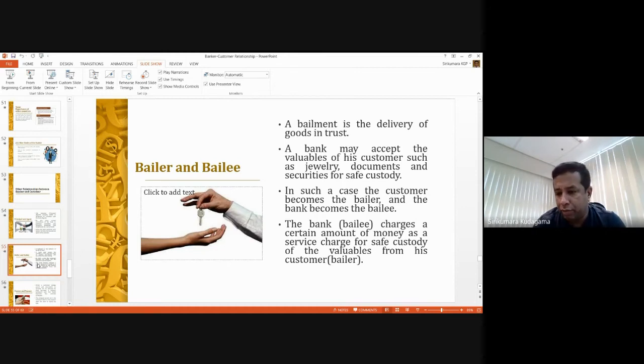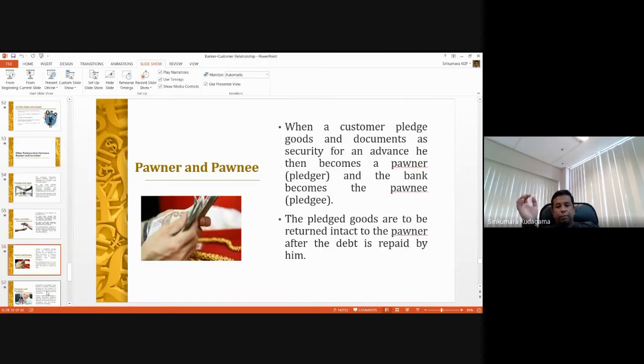We took the example of valuables kept in safety lockers as one clear example. One would argue that even articles pawned to the bank, as someone mentioned last week, should be kept by the banker intact. So this bailor and bailee relationship is also there.